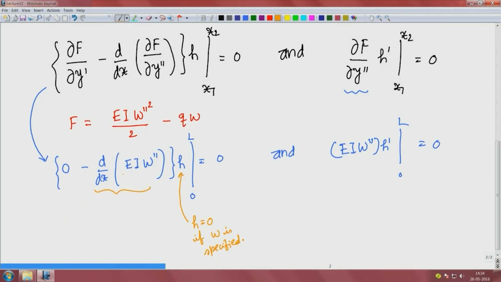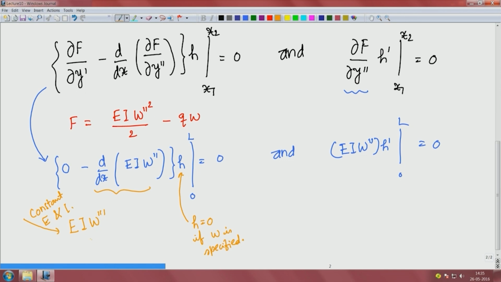If you assume constant I and constant E, that will simply become EI triple derivative, okay, because this is already a double derivative and then we are taking d/dx, assuming that E and I are independent of x, that is, they are constant.